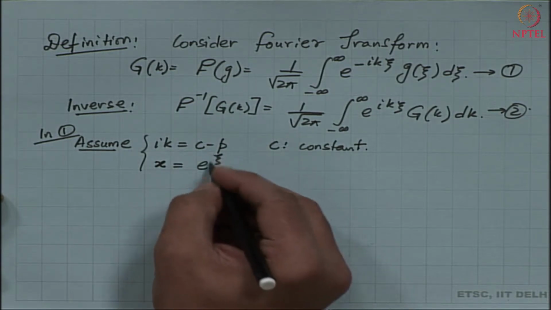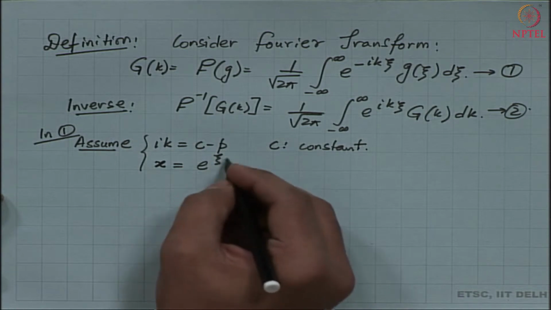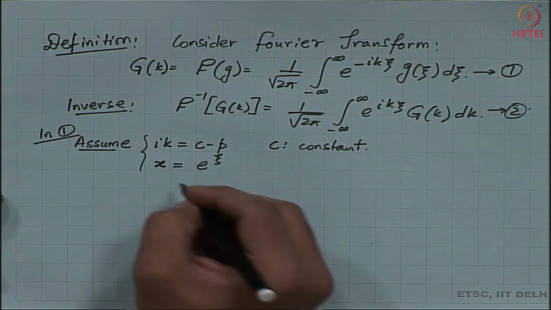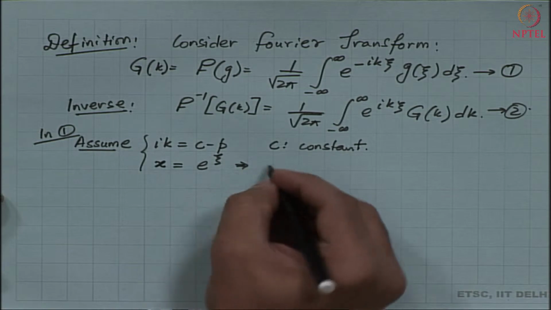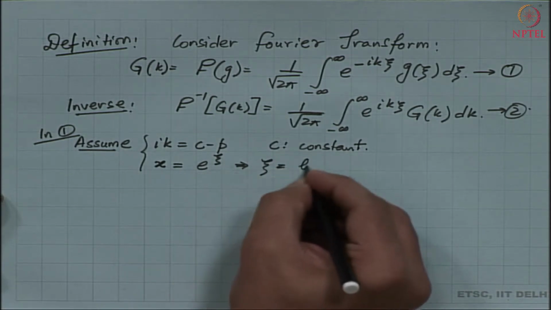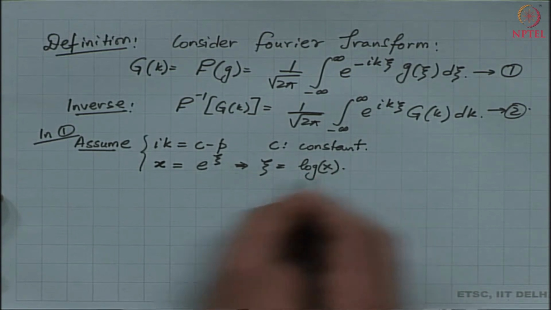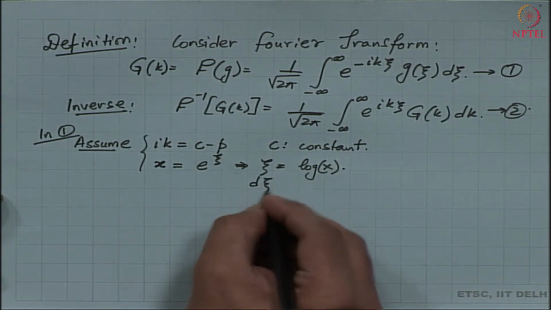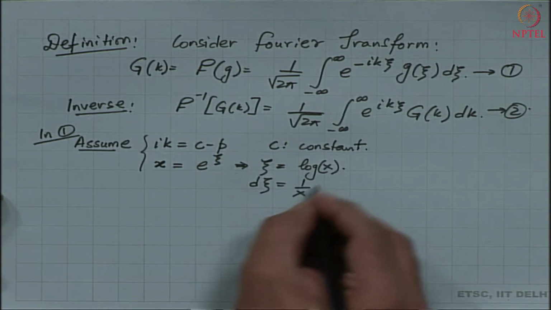So, my original variable with which I am integrating is zeta, my new variable is x. Which means that my original variable zeta is log x, or d zeta is 1 over x dx.